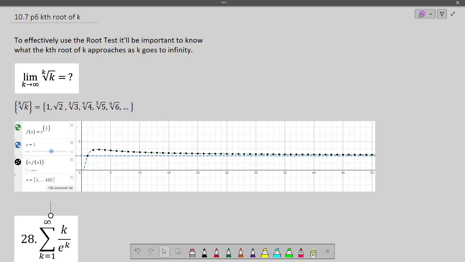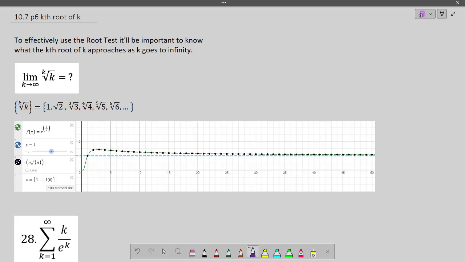Let's find the limit, though. So this is a sequence. When you plug in 1, you have the first root of 1, which is 1. Then you have the square root of 2. Then the cubed root of 3. The fourth root of 4. It's not obvious that that even has a limit. But we're going to use our log limit thing.